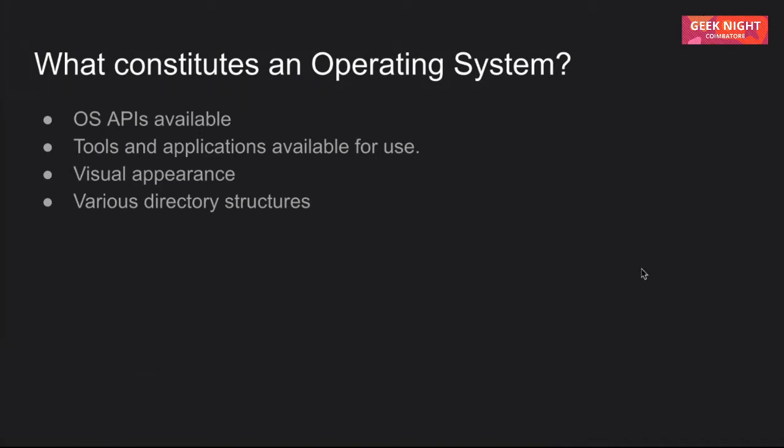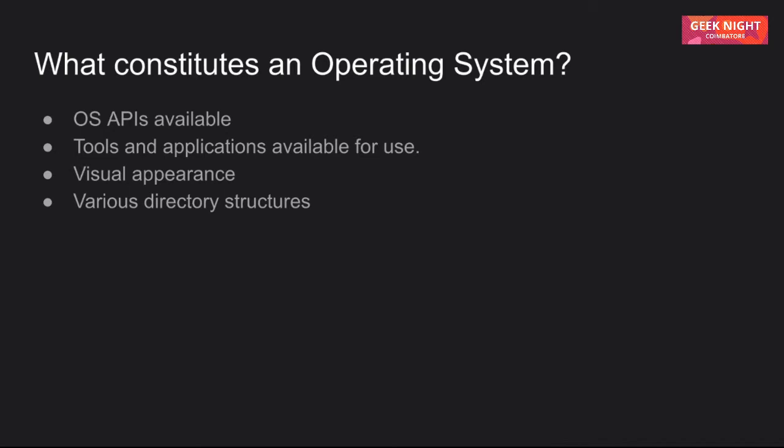So let's understand what constitutes an operating system first. Whenever we say an operating system, a couple of examples that come to our minds are Windows, Ubuntu, and Mac OS X. All of these stand distinctly different from each other. And what differentiates each of these? The first thing that would be apparent is how visually they are different.